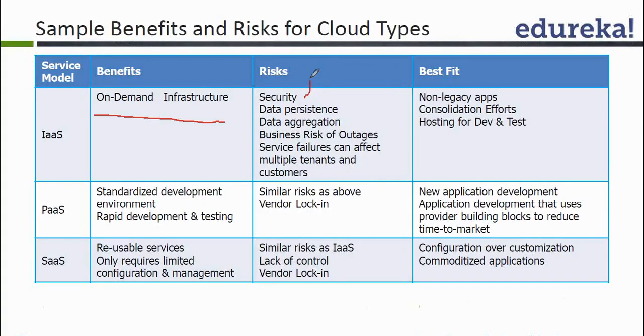Now, for security, I have a very interesting case from Amazon itself. Amazon had one of its largest events, called AWS re:Invent, which happened in November 2014 in Las Vegas.